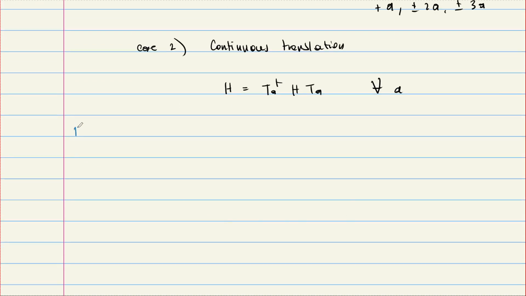So to prove Bloch theorem, we only need a given Hamiltonian that commutes with the translation operator, for discrete a.